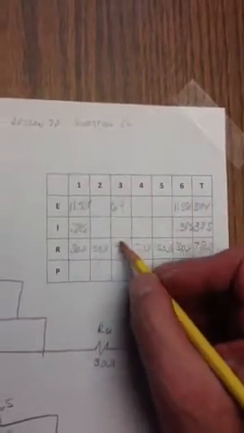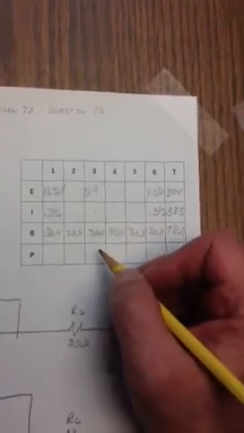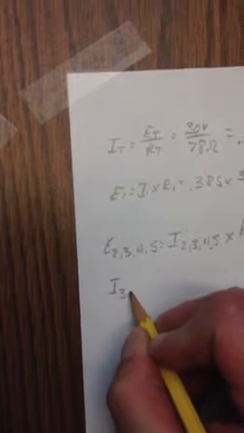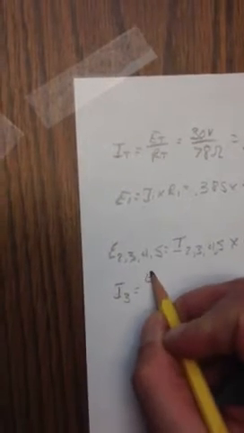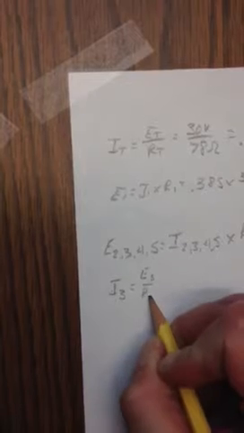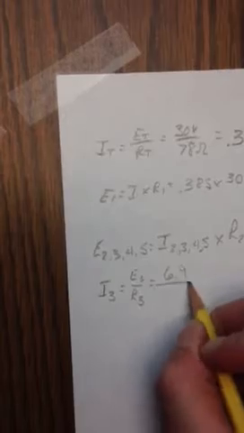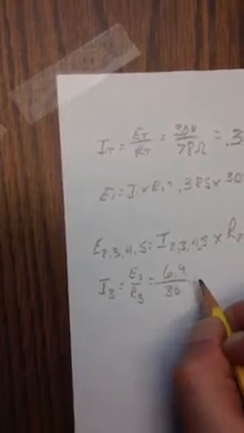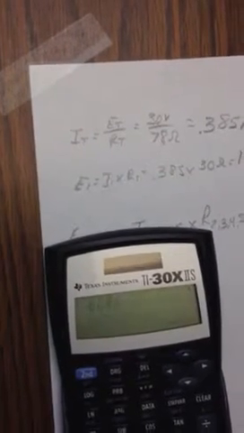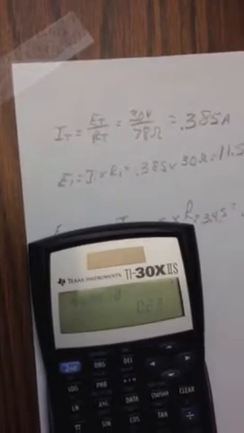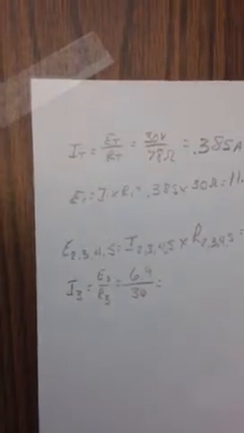Now we could solve for current at that location right there. So, I3 would be equal to E3 divided by R3, which would be 6.9 divided by 30. 0.23 amps.